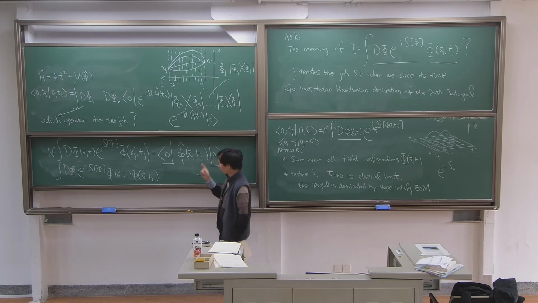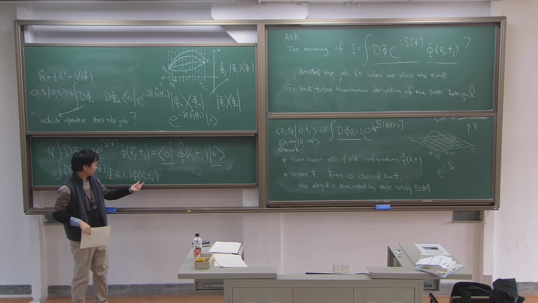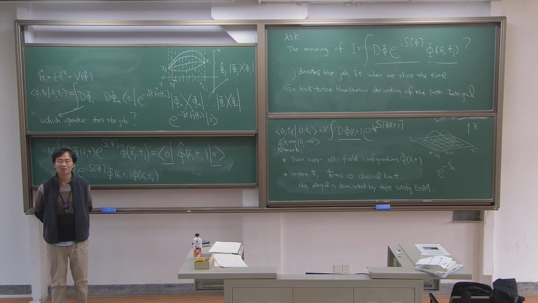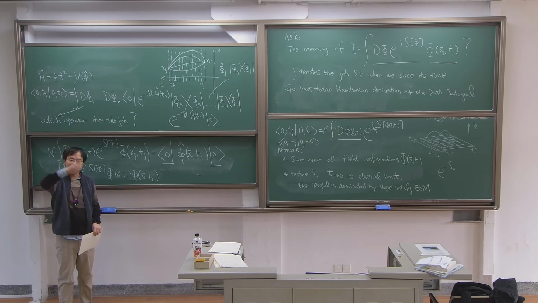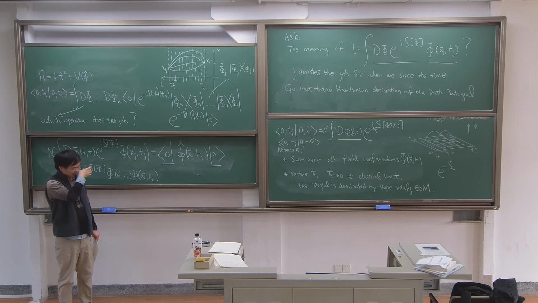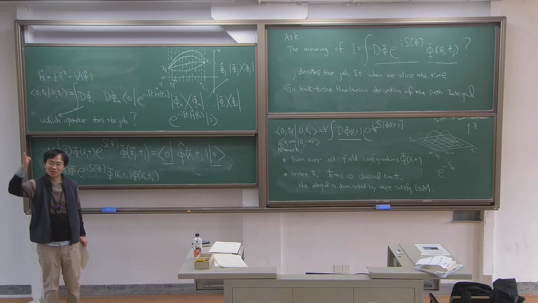But you have to be precise that those two operators are really inserted at the time slices t1 and t2. Because in the canonical picture, you slice your time into many slices, and t1 and t2 tell you how to insert these operators.